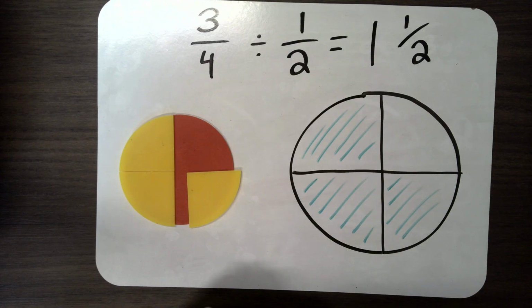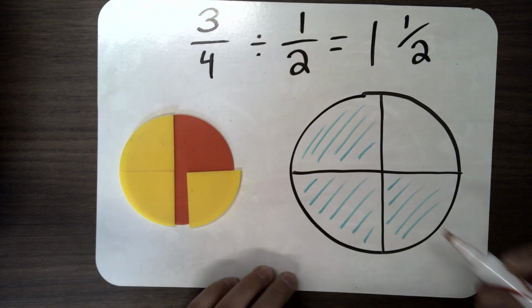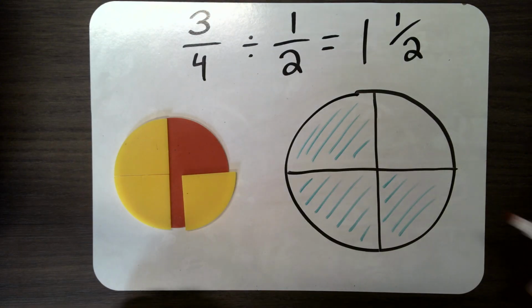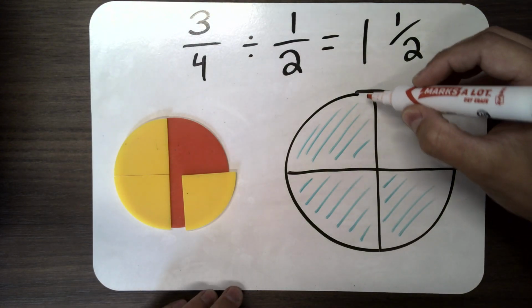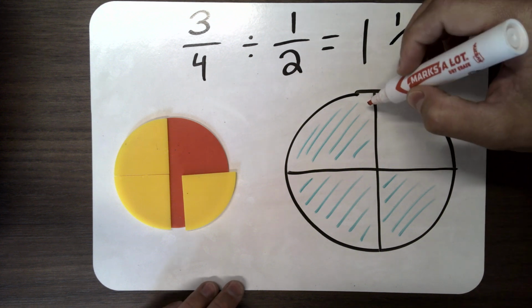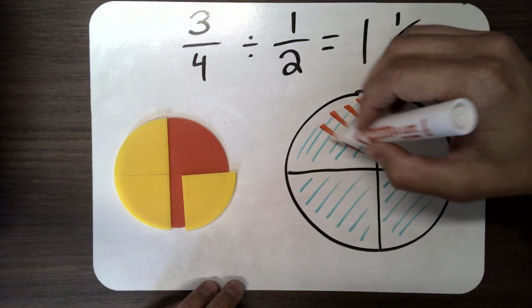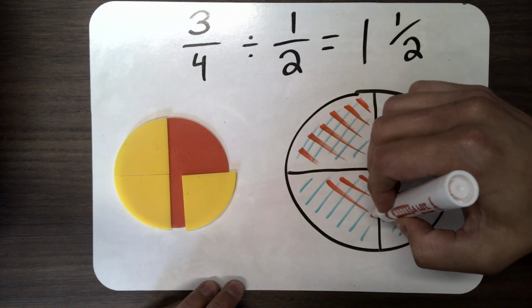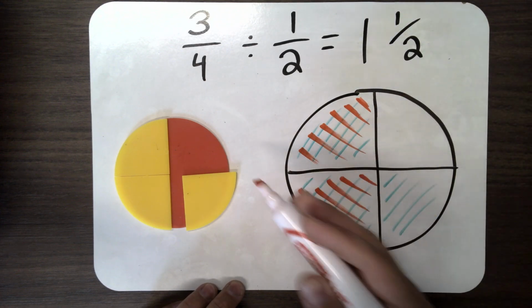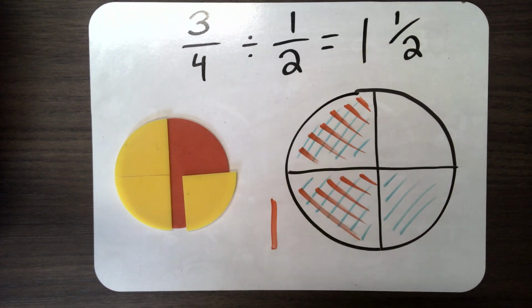For the representational model, we're starting with the 3/4 shaded. Again, we want to create groups with a size of a half. So we're going to reshade this with red, creating groups with the size of a half. We would need both of these two pieces here. So this red portion is half of the circle. This is one group that has a size of 1/2.